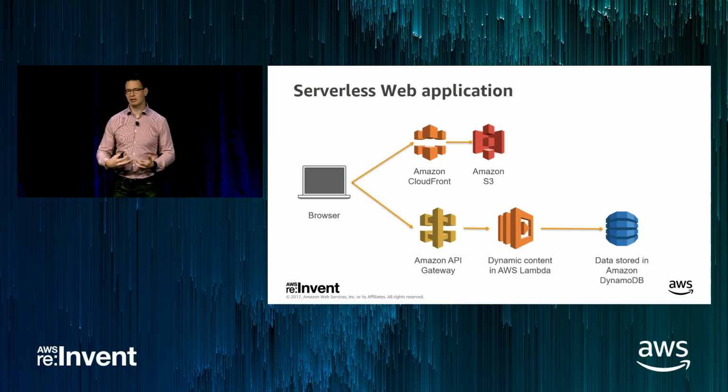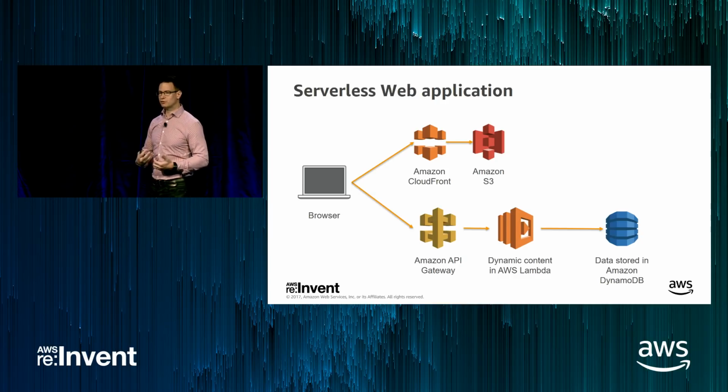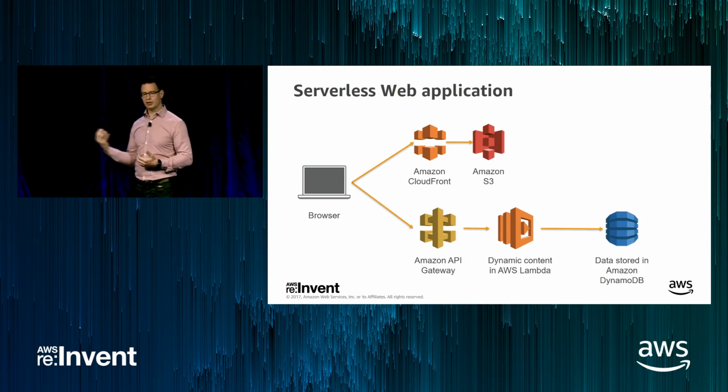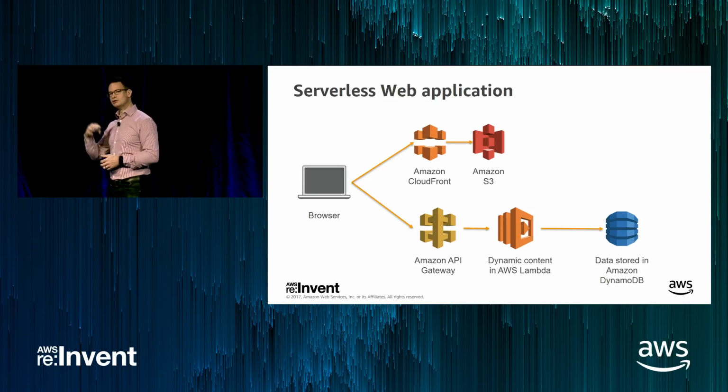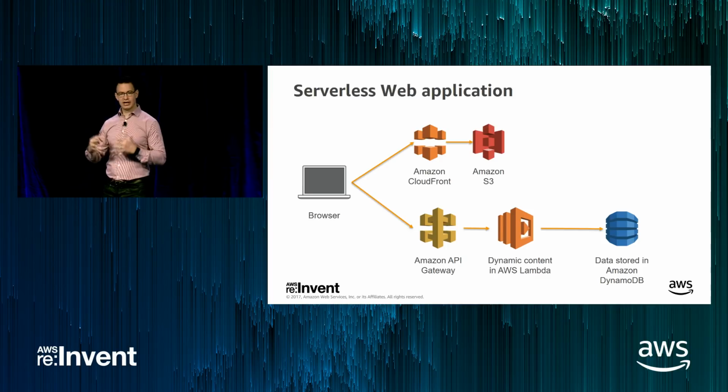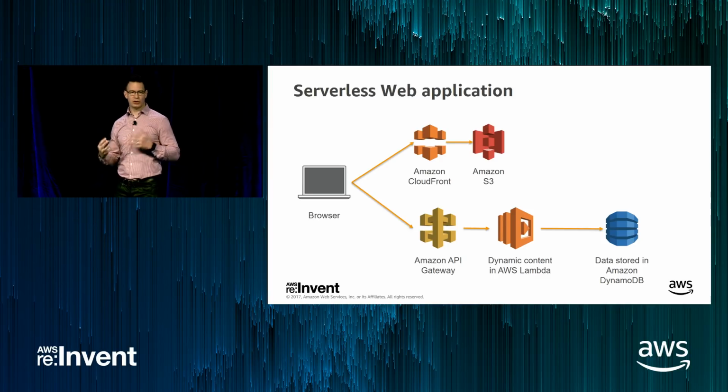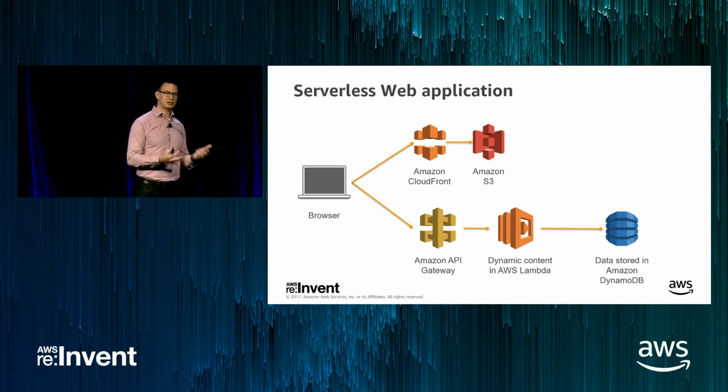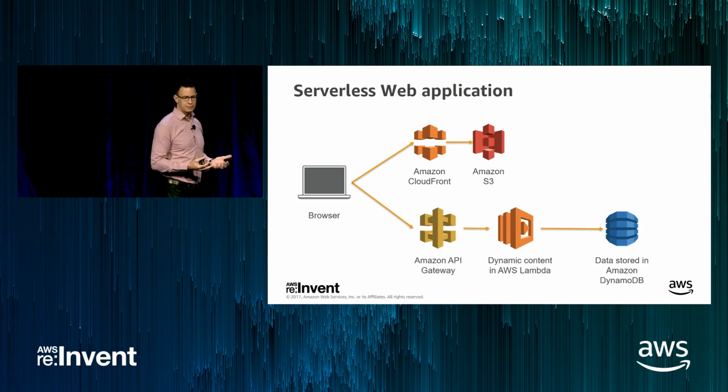And then Lambda can be responsible for doing functions for us. It can look after its data in a data store like DynamoDB. And that's almost all of our system now, completely serverless. We don't have to patch it, we don't have to scale it, we don't have to manage it in any way. AWS is going to take care of that for us.